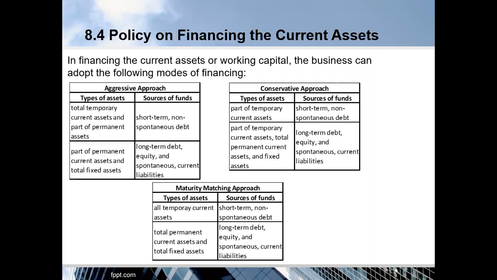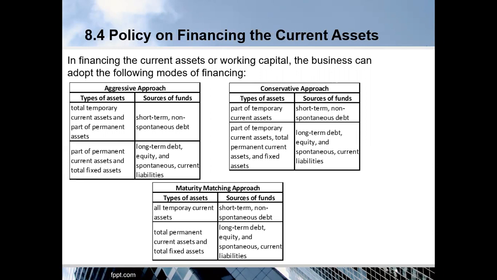Part of the permanent current assets and the total fixed asset are financed by long-term debt, equity, and spontaneous current liabilities. For the conservative approach, the type of asset is part of temporary current assets, and the source of fund should be short-term and non-spontaneous debt. Part of temporary current assets, and total permanent current assets and fixed assets, have sources of funds that should be long-term debt, equity, and spontaneous current liabilities.